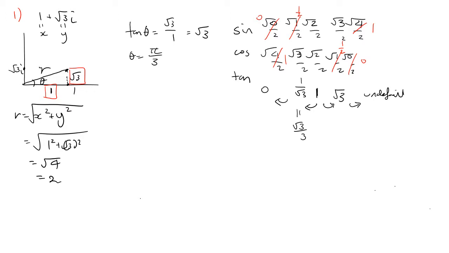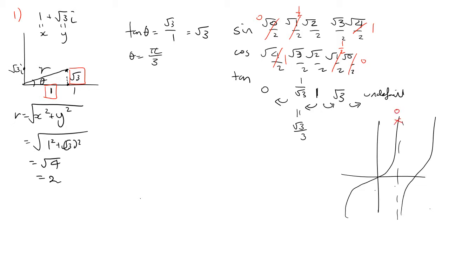This is because a tan graph goes something like this, and it ends here. That just keeps repeating, and the gradient at this point is undefined. That's why we get an undefined result. But that's for your trig functions. We're looking at complex numbers.